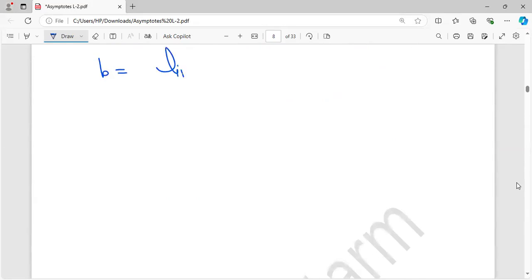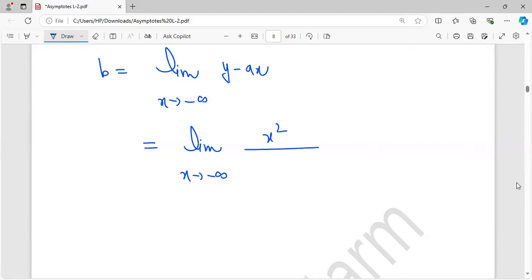B is limit x tends to minus infinity, y minus ax. So this is limit x tends to minus infinity, x square minus 4, and that is plus x. Okay. So make it conjugate. What you will get?